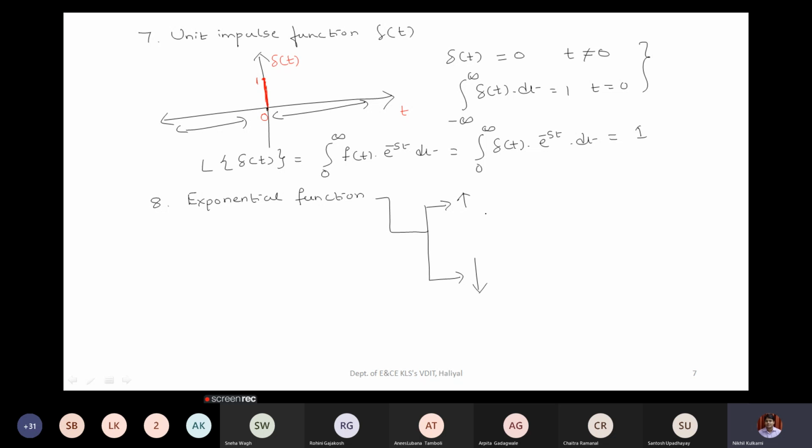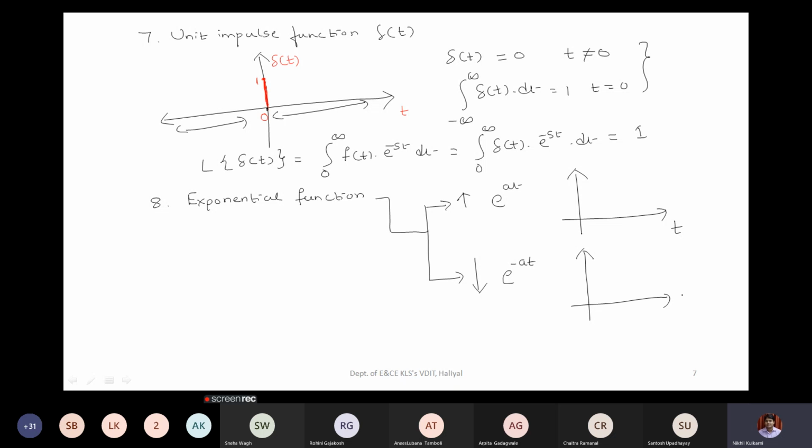If a function is decreasing with respect to time, its exponential value is given by e to the power minus at, and the increasing one is given by e to the power at. Graphically, these two signals look like this.